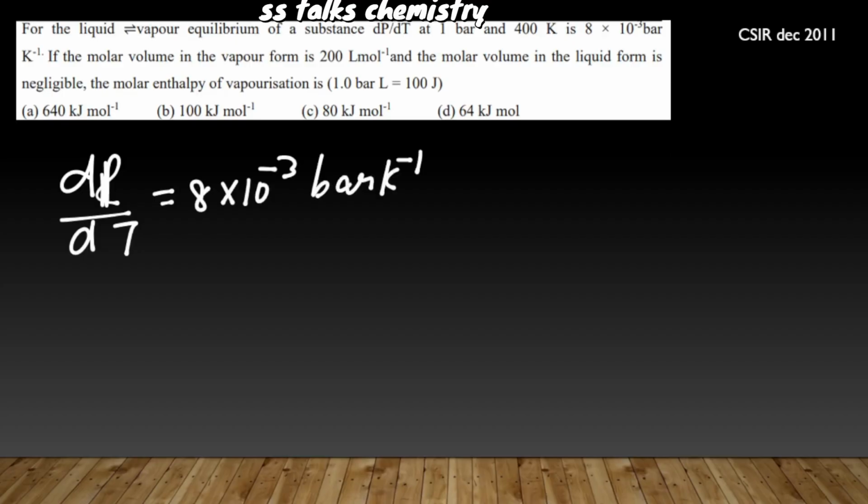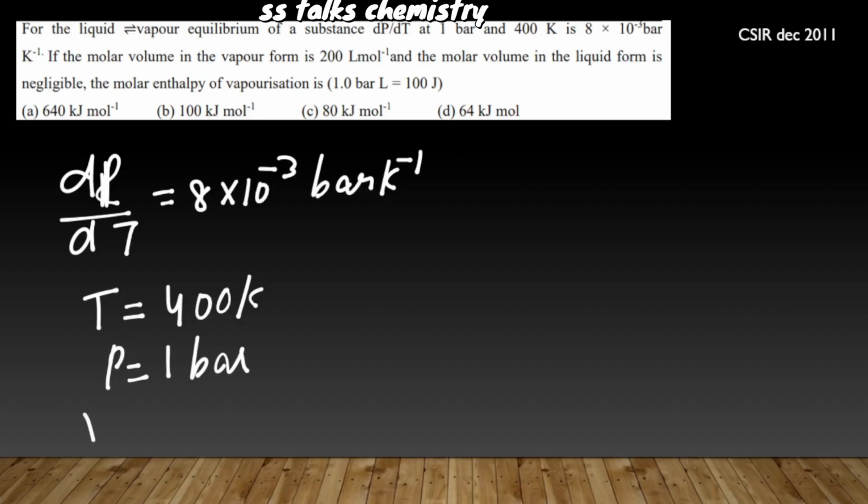The temperature is 400 Kelvin and the pressure is 1 bar. The molar volume of the vapor is given as 200 liter per mole. The molar volume of the liquid is negligible. Find the molar enthalpy of vaporization.